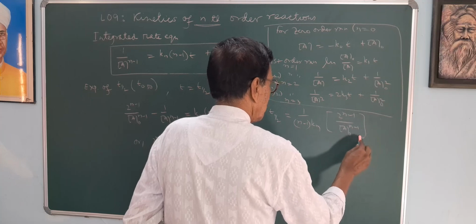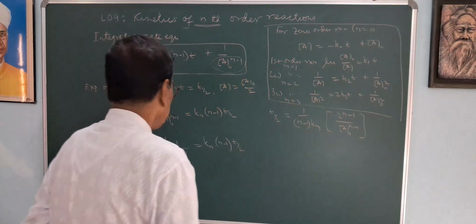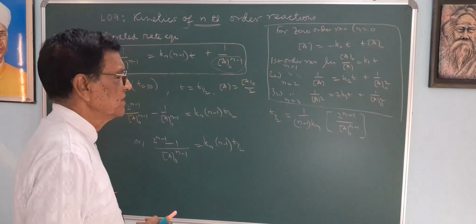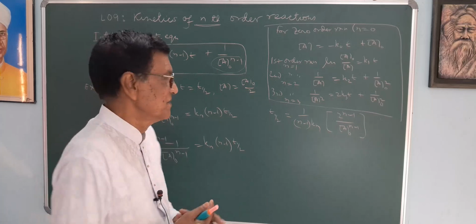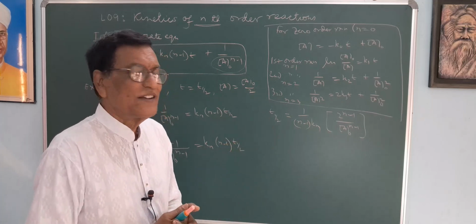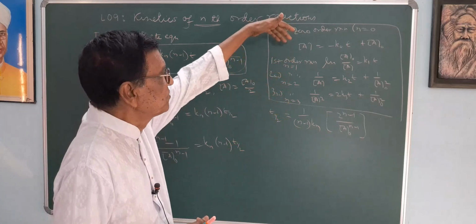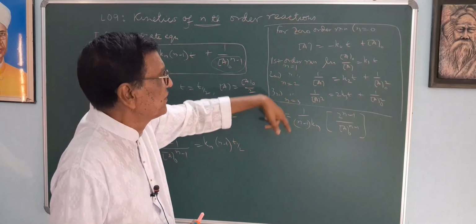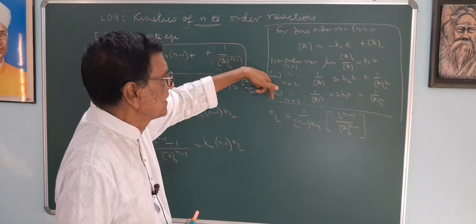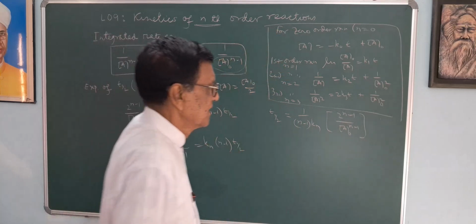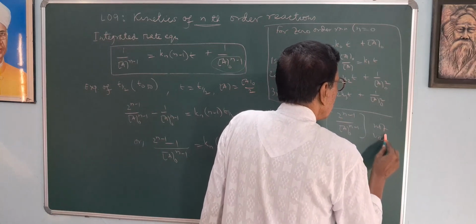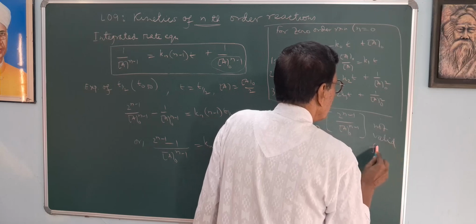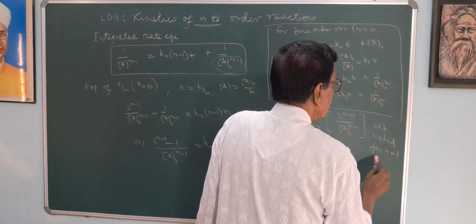So this is also a generalized expression for the half-life period. From this you can find out the half-life period of zero order, second order, third order, but not this first order. Not valid for n equal to 1.